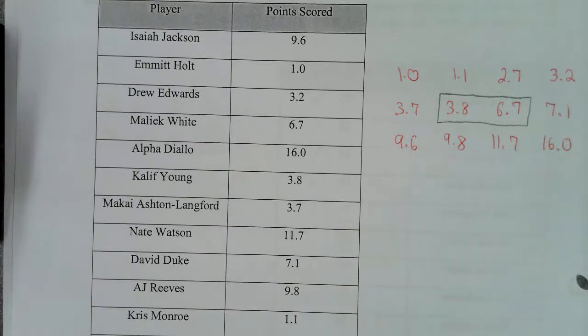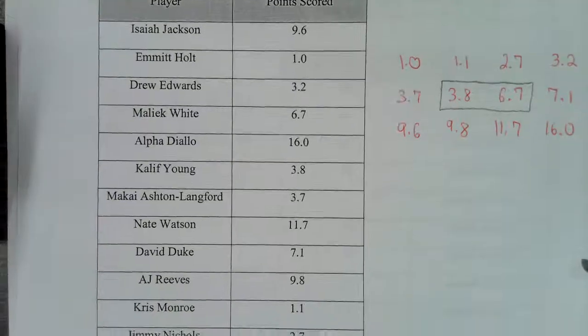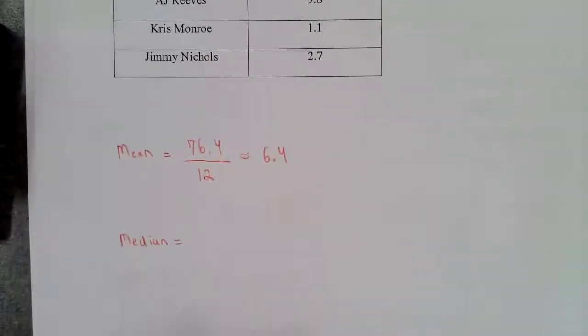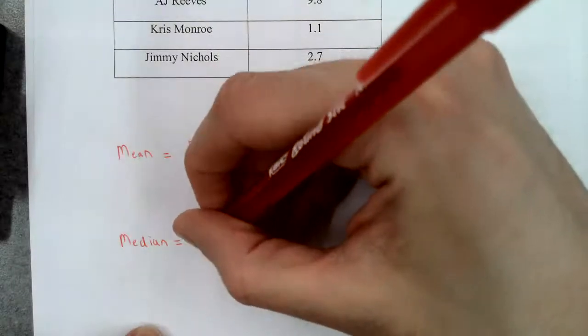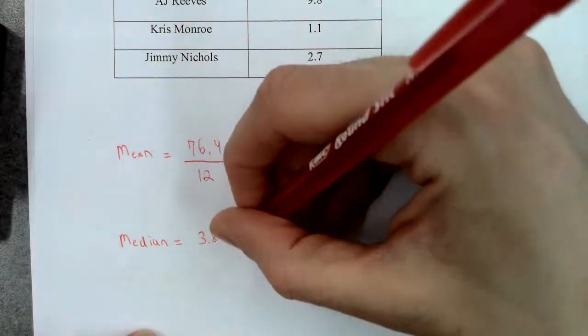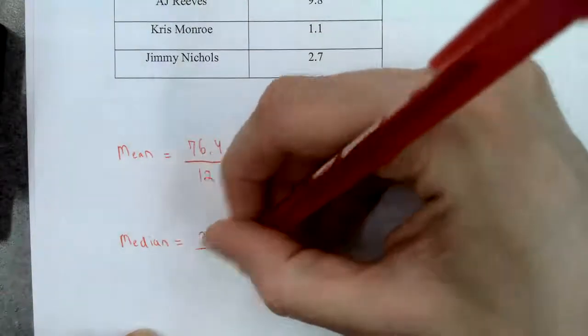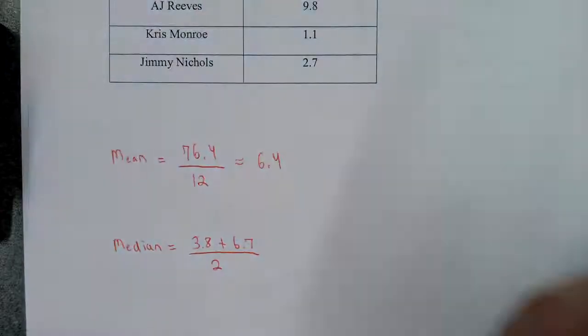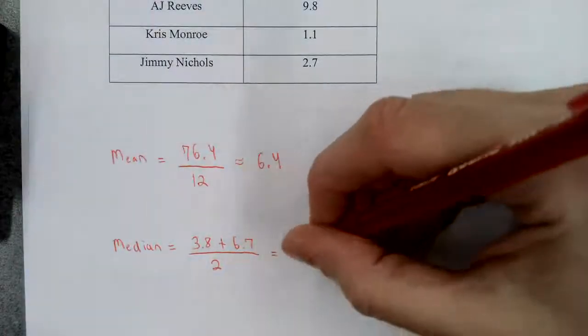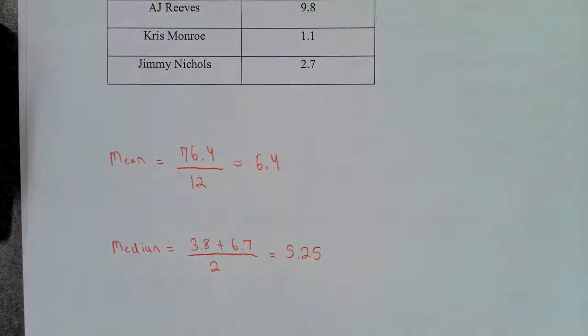So to get the median, you add those two numbers I boxed in together, and then divide by 2. So 3.8 plus 6.7, divided by 2, is going to give you 5.25.